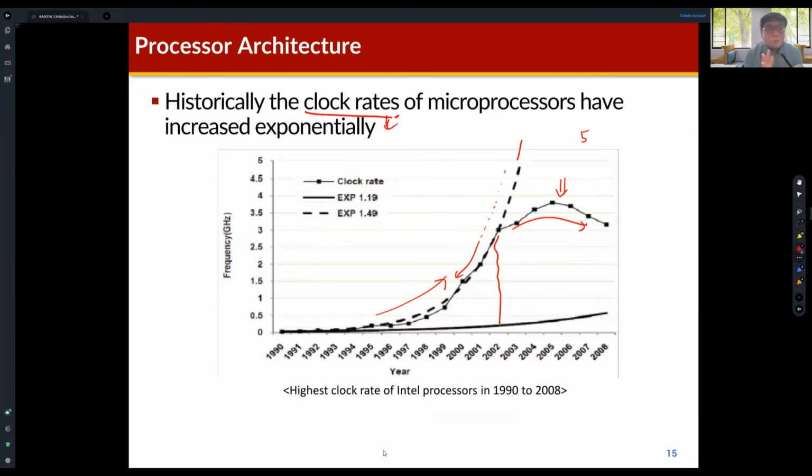Technologies are advancing one by one, but clock frequency is saturated. So what does that mean? Why is the clock frequency saturated? It's the power issue.